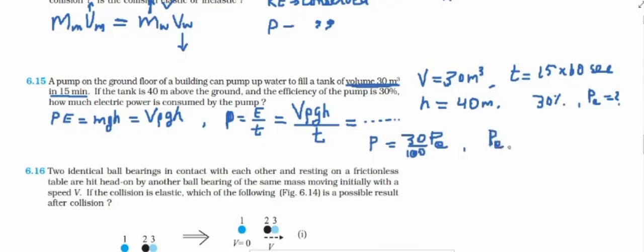Sorry, not energy, electric power we spent. And you have to find the electric power. Electric power is equal to 100P divided by 30, which will give you the final answer.